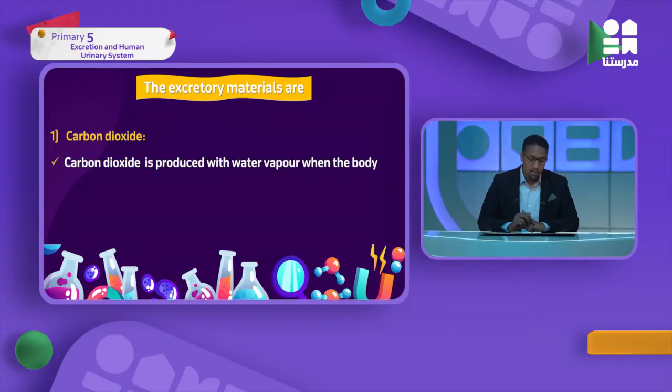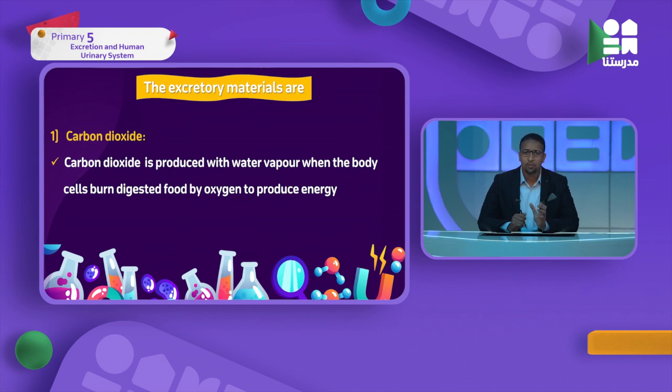Inhalation process, the oxygen gas enters our lungs. Exhalation process, carbon dioxide gas is expelled out of our lungs. Carbon dioxide is produced with water vapor when the body cells burn digested food by oxygen to produce energy.